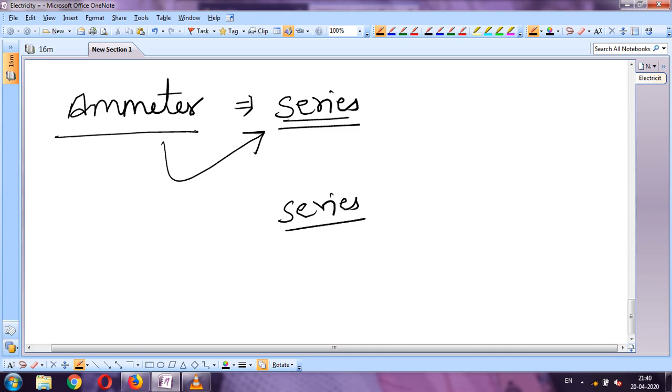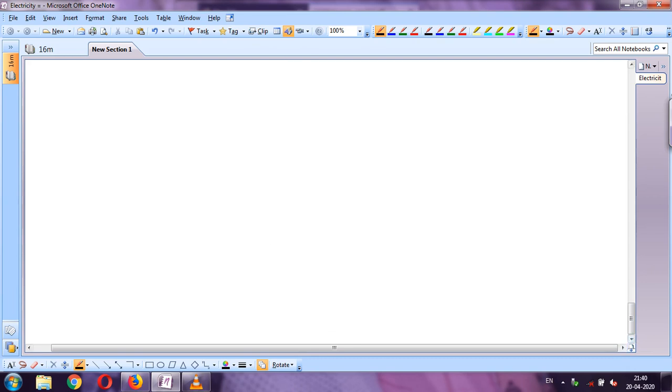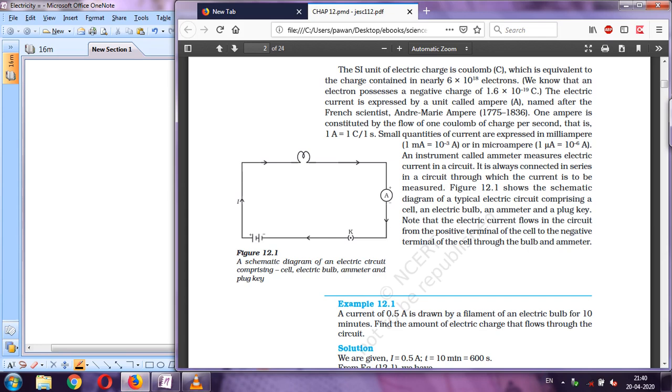How we connect in parallel and how we connect in series, I will tell you later. Just now you have seen the symbol of the ammeter. This is the symbol of the ammeter, with plus on one side and minus on the other side. Okay, so all these things we covered right now.